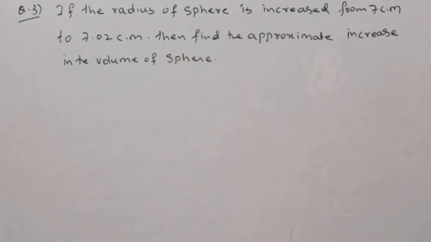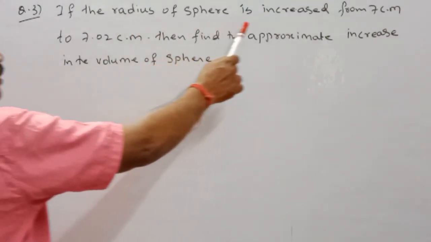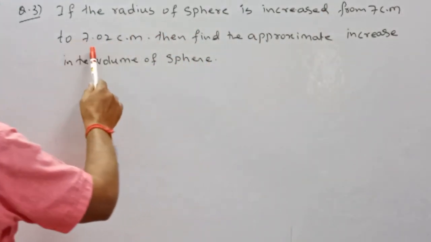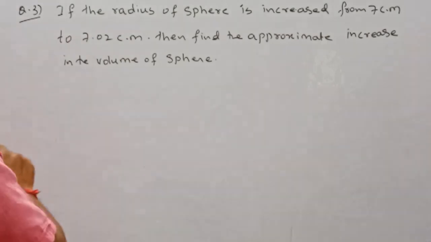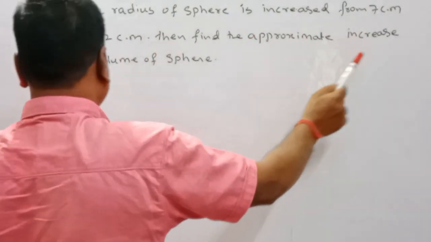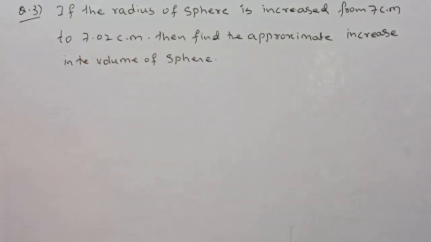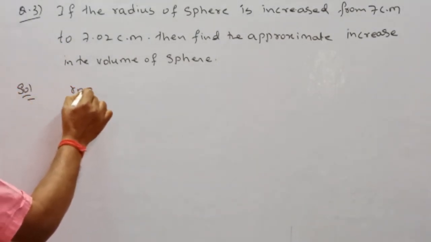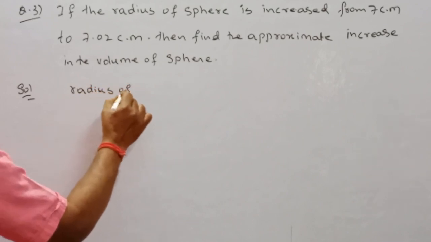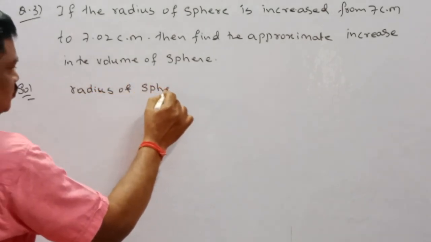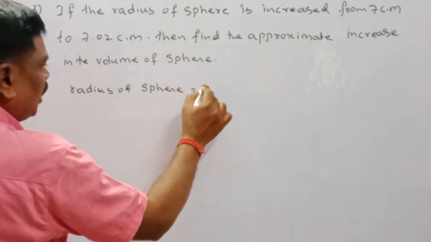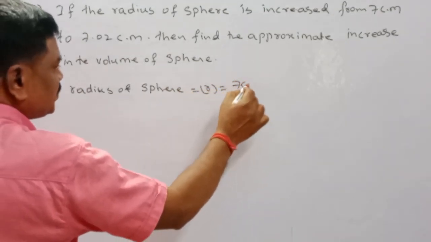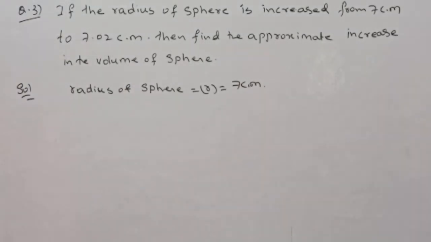Thank you. Here we have one more problem from applications of derivative. If the radius of a sphere is increased from 7 centimeters to 7.02 centimeters, then find the approximate increase in the volume of the sphere. You see here, we have given the radius of the sphere r equal to 7 centimeters first.